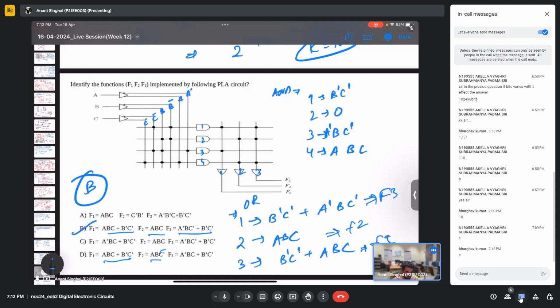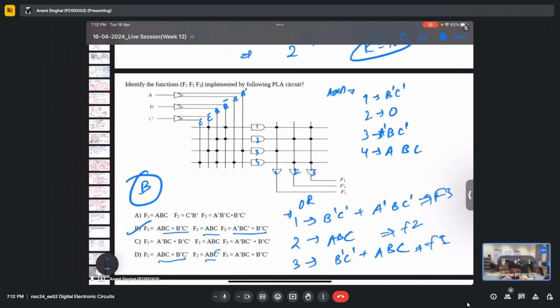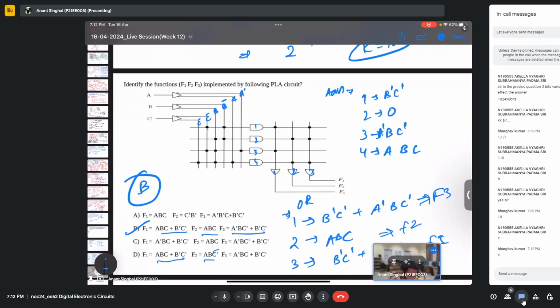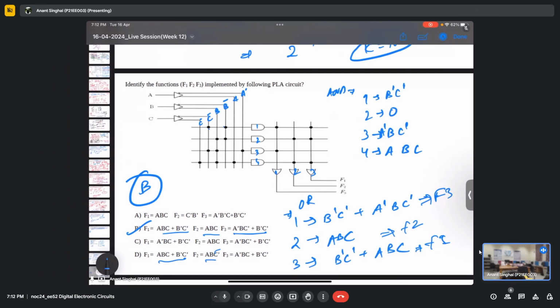Okay, why are you saying C? Have I done something wrong? Why should it be C? Two answers I've got is C, I guess. So what is the difference between C and B? F1 is different.